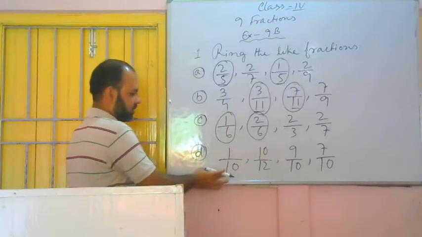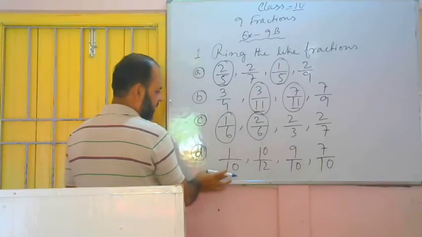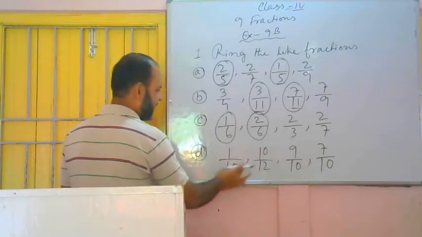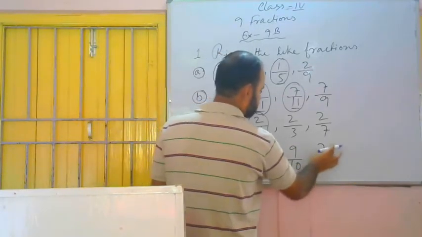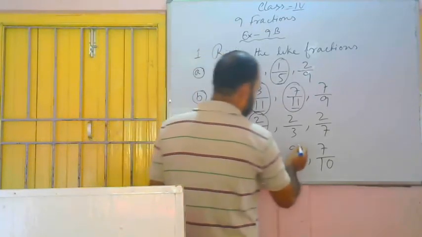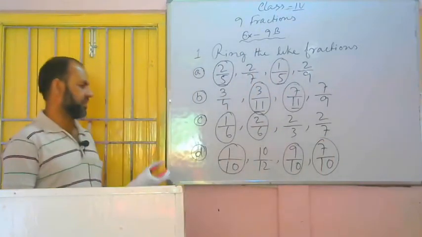So in these fractions we get denominators 10, 10, 10. So here 1 by 10, 9 by 10 and 7 by 10, these three fractions are like fractions. We ring these three fractions.